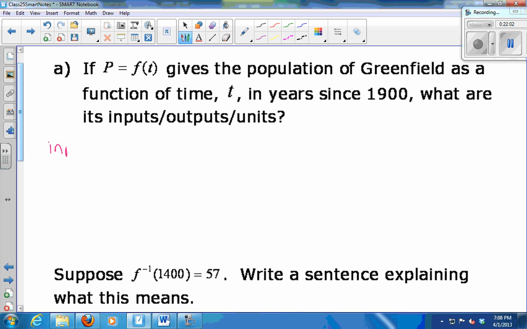So my inputs into the regular old function f, not talking about inverses yet. What do the inputs look like? Which variable, t or p, is the input? T, yeah. So my inputs are t values, and the units are years since 1900.